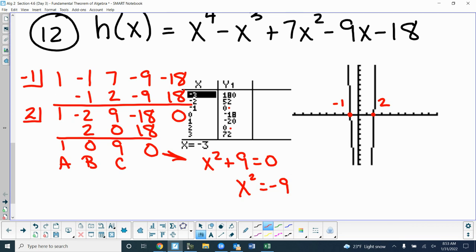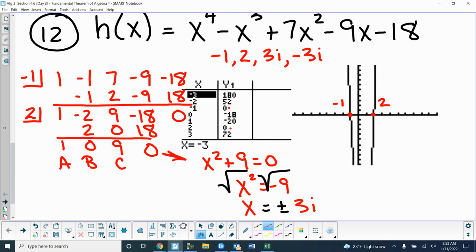Just square root it, right? And the square root of -9 is plus or minus what? 3i, right? So there's my other two zeros, which are imaginary, which we figured was going to happen, right? So my answers are -1, +2, 3i, and -3i.